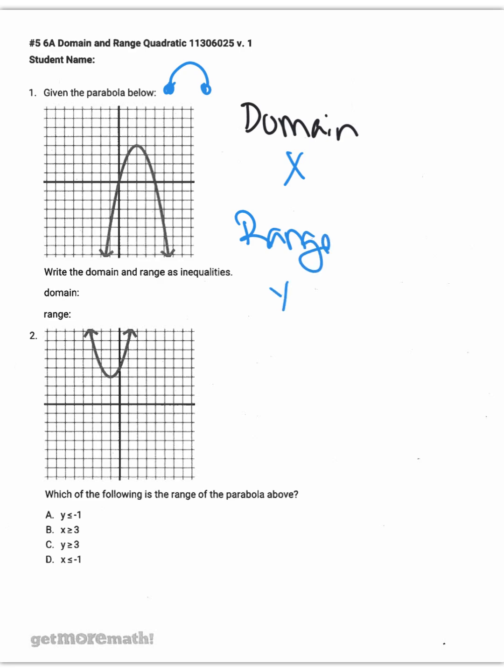So your domain, and of course this is your X-axis and this is your Y-axis. Is it going to continue to get wider and wider if we're thinking about infinity world? Yeah. So if it continues to get wider and wider, that means it's going to cover all x's. So what's the domain going to be? All real numbers.